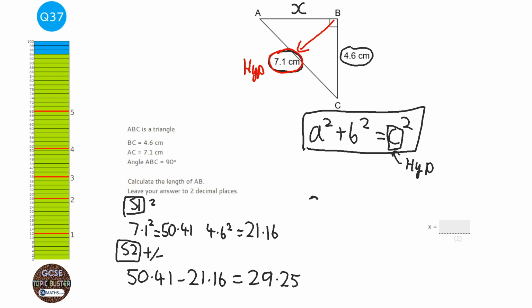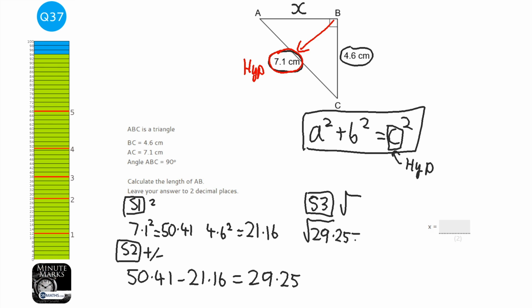Okay, and step 3 is a nice easy step. It's just root it. So with this one, I'm just going to press square root answer, and I'm going to write that down, square root 29.25, and so that equals 5.4083, blah blah blah.